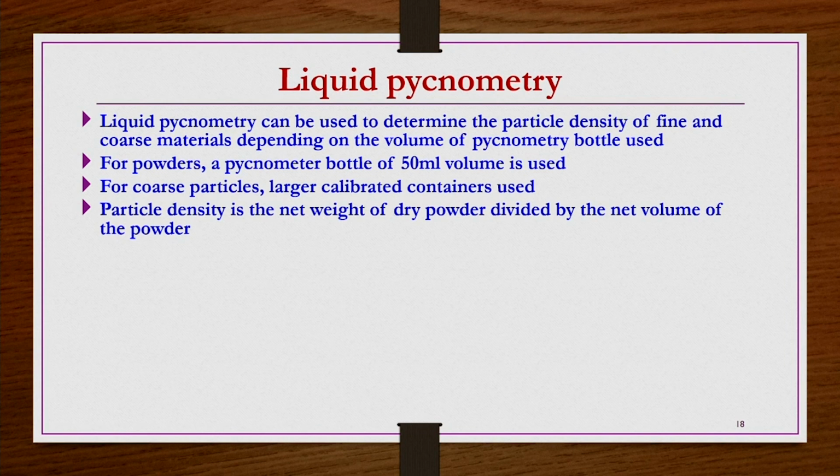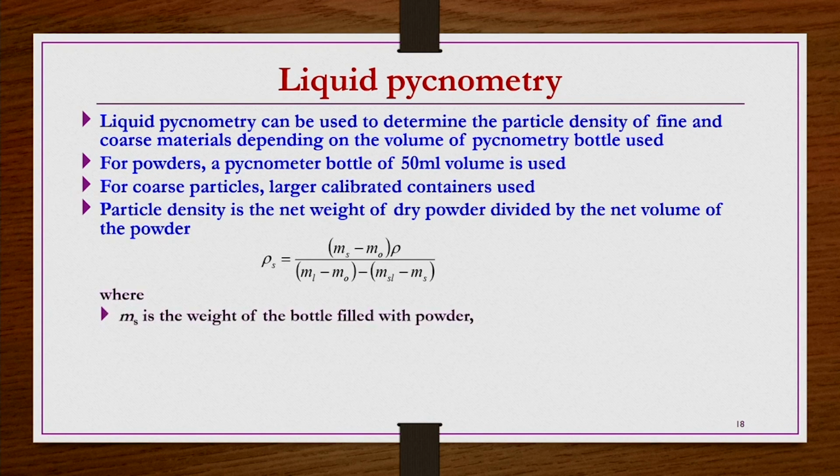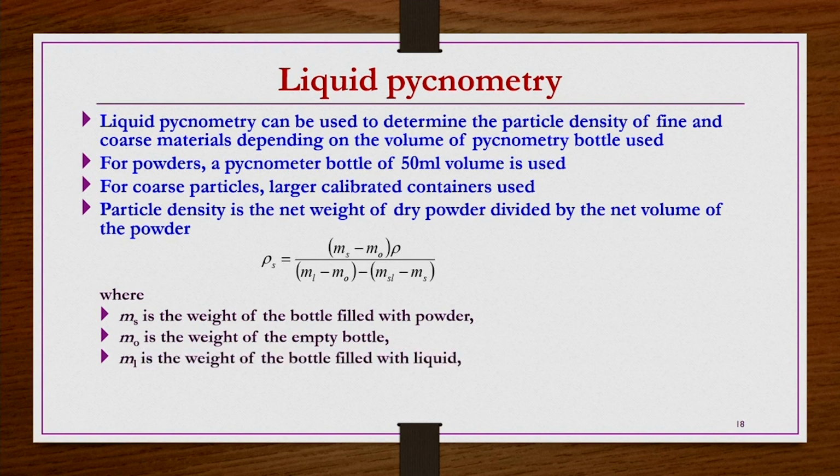With liquid pycnometry, rho s equals (ms minus m naught) times rho divided by (ml minus m naught) minus (msl minus ms), where ms is the weight of the bottle filled with the powder, m naught is the weight of the empty bottle used for these measurements, ml is the weight of the bottle filled with only liquid, and msl is the weight of the bottle filled with both powder and liquid.